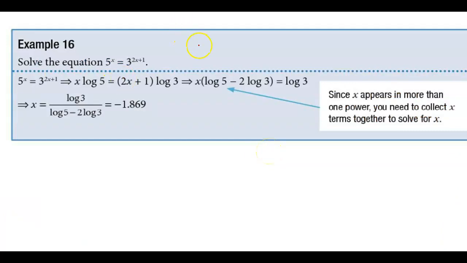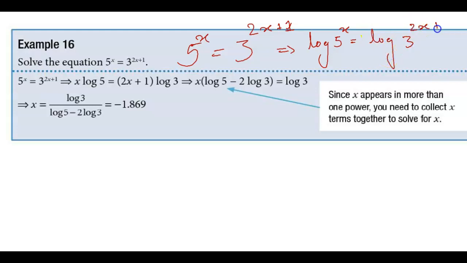Now here I am having an equation 5 raised to power x equals to 3 raised to power 2x plus 1. Take log on both the sides. So taking log on both the sides, I'll be having log of 5 raised to power x equals to log of 3 raised to power 2x plus 1.